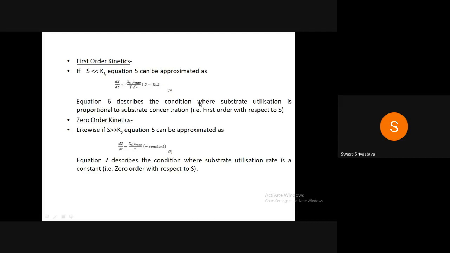This equation describes the condition where the substrate utilization is proportional to substrate concentration, that is, first order with respect to S. Then zero order kinetics: likewise, if the S concentration is very high, then the expression can be approximated as ds/dt = x0 mu max/Y, which is a constant. So this describes the condition where the substrate utilization is constant, and that is zero order with respect to S.